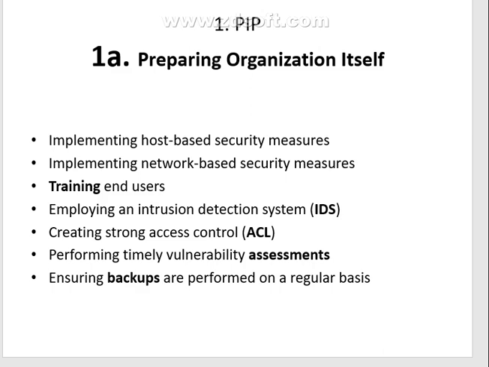As a way of preparing the organization before the incident actually occurs, we need to make sure that we implement network-based security measures. However, implementing those two is not enough. We also need to train our end users. By training our end users, we're basically asking, in the event that an incident takes place, do our users know what an incident is?